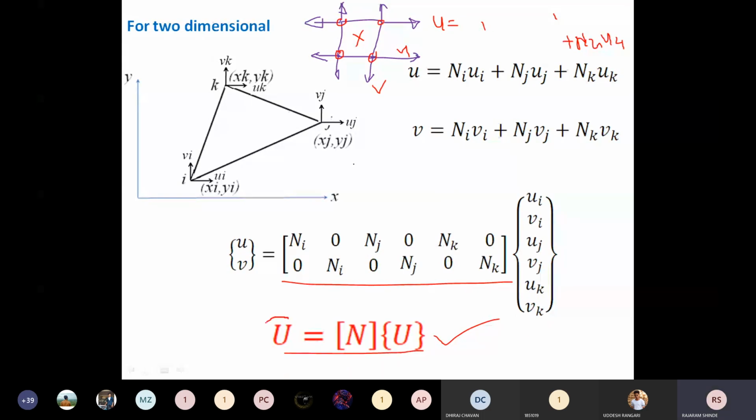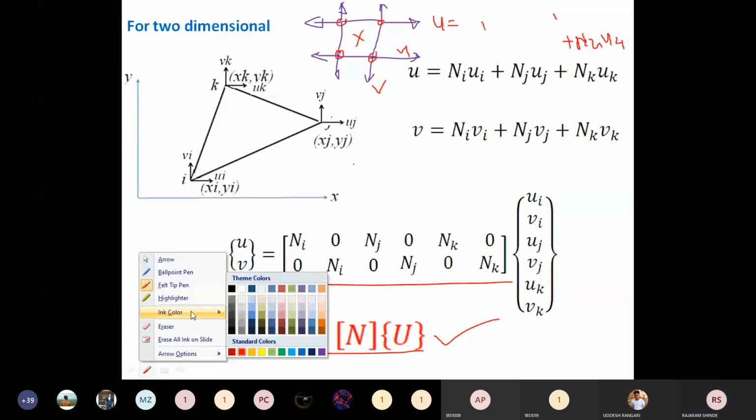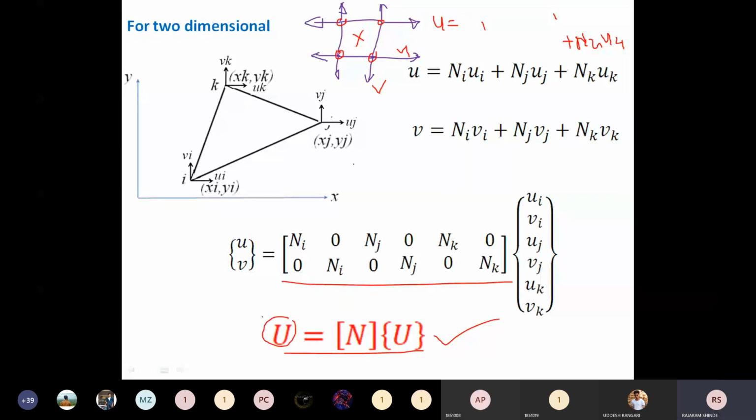Here, this u is u and v. Now this shape function matrix is [Ni 0, Nj 0, Nk 0; 0 Ni, 0 Nj, 0 Nk], and this displacement matrix is your ui, vi, uj, vj, uk, vk.